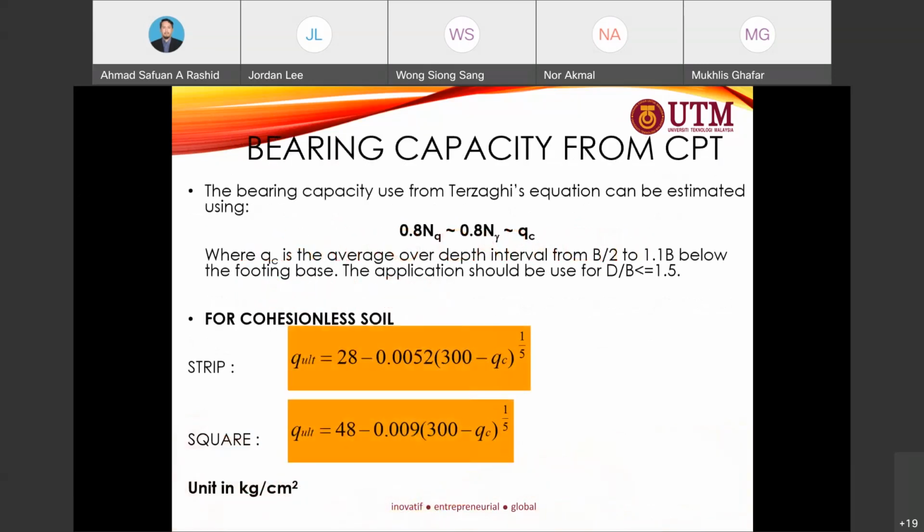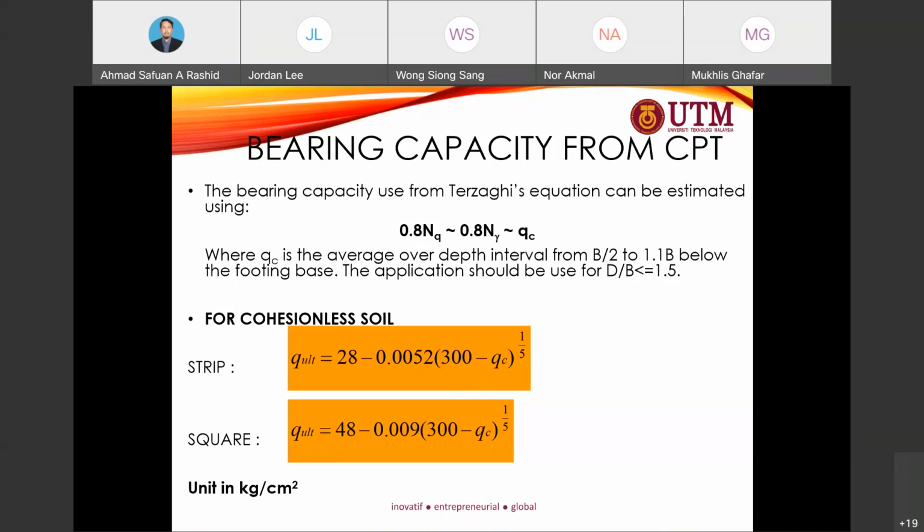Then for CPT, this is the equation that can be used to estimate the bearing capacity. QC is the average over the depth interval from B half to 1B below the footing base, and the application should be used for D over B less than 1.5.